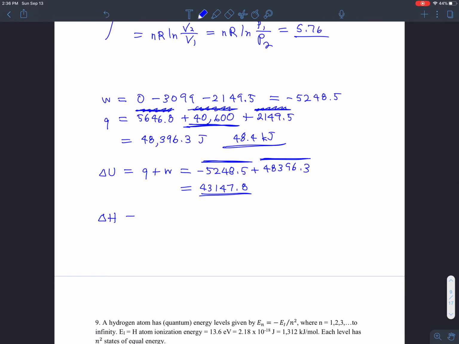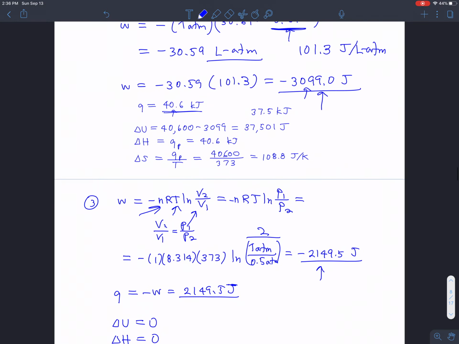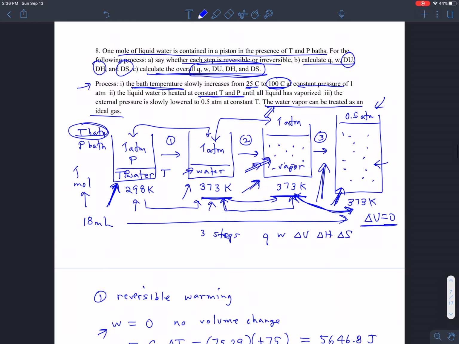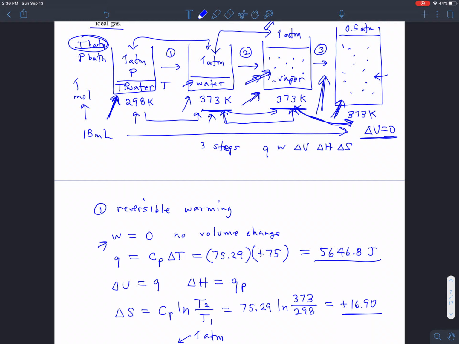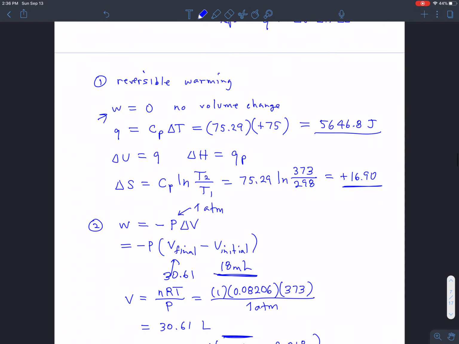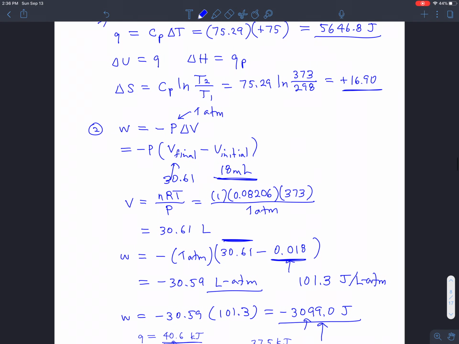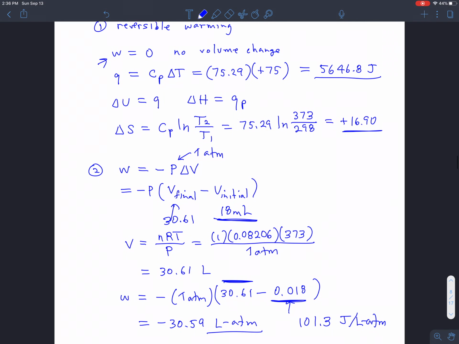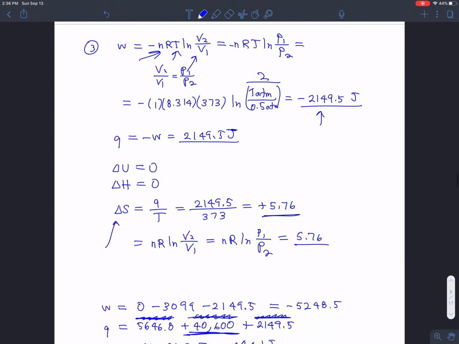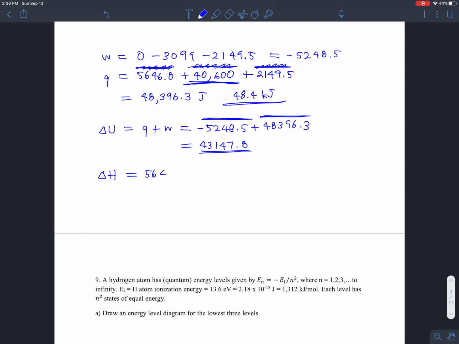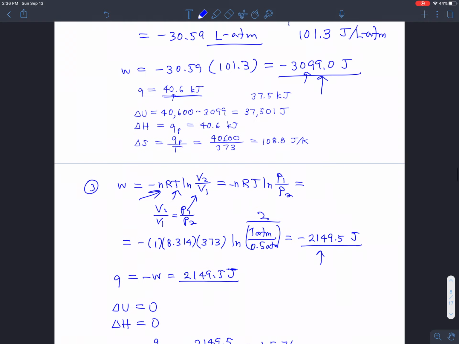Delta H is then equal to, let's see, delta H is always a little tricky, and now I'm forgetting how I did this before. Let's just add them up. That's the easiest way to do it. So delta H is going to be equal to 5646.8 from step 1.